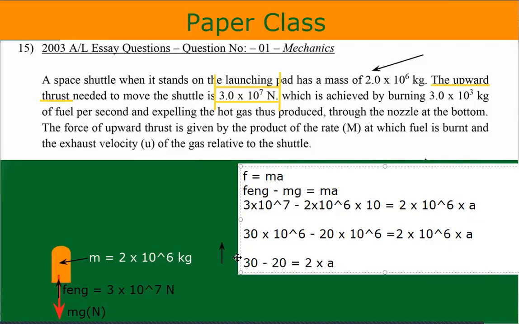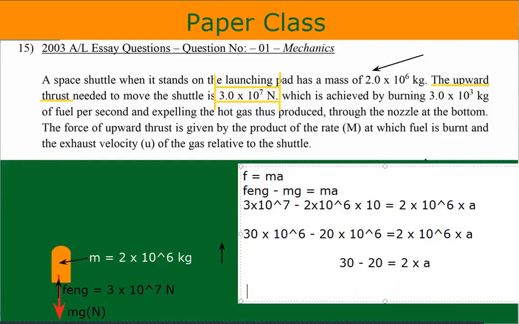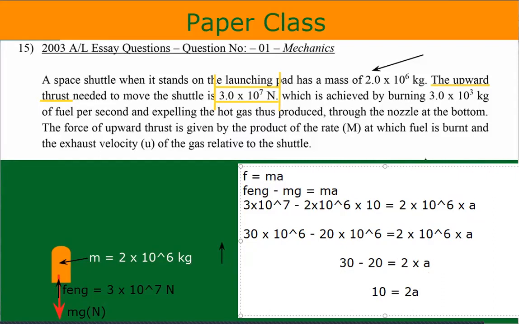Am I right? So what is 30 minus 20, dear? 10, sir. 10 equals 2a. If you take 2 to this side, it will be 10 divided by 2, which is 5.